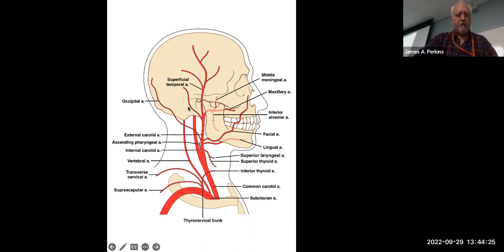But we'll see those later. At some point after this next exam, we're actually going to remove the upper part of the mandible and look deeper into this area, and that's where you'll be able to see the end of the external carotid where it splits into superficial temporal and maxillary arteries.